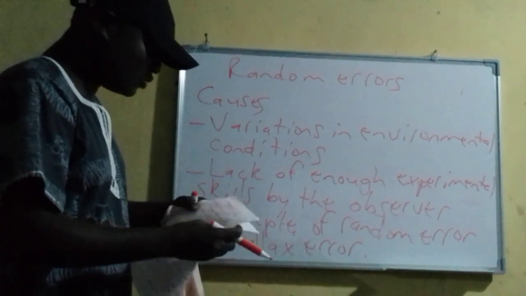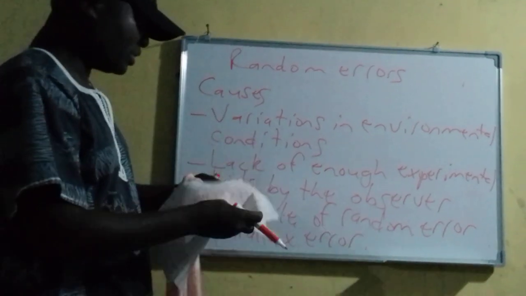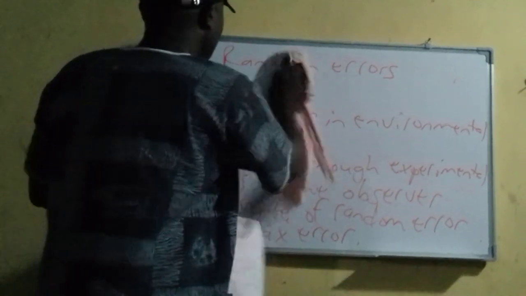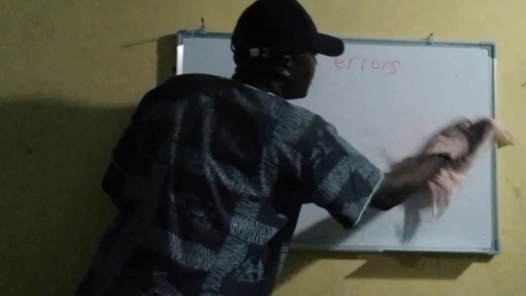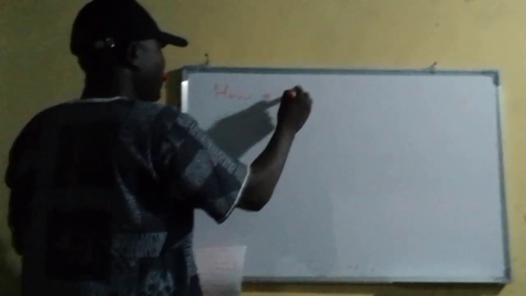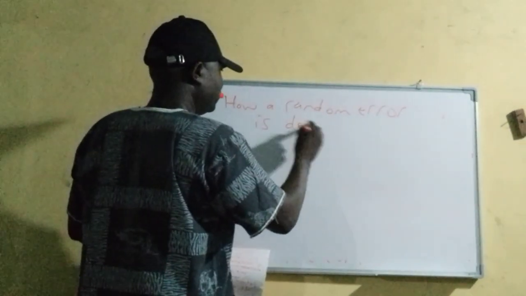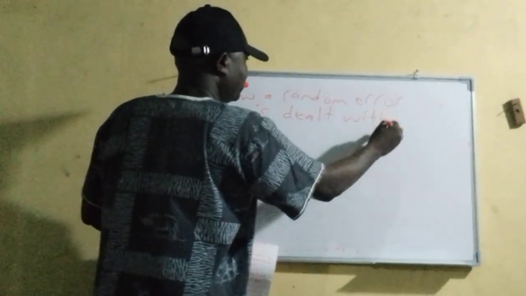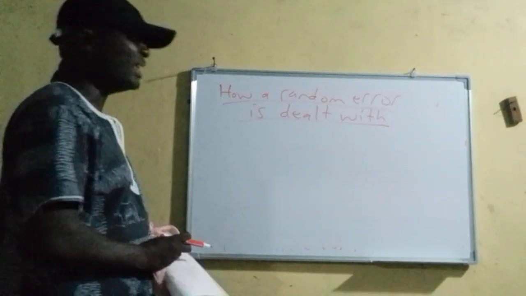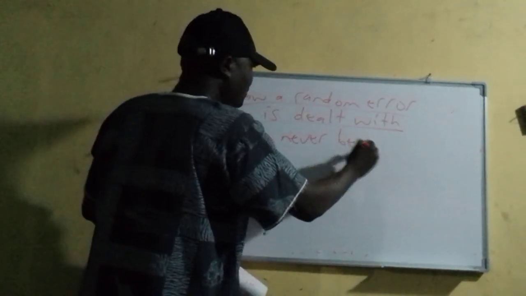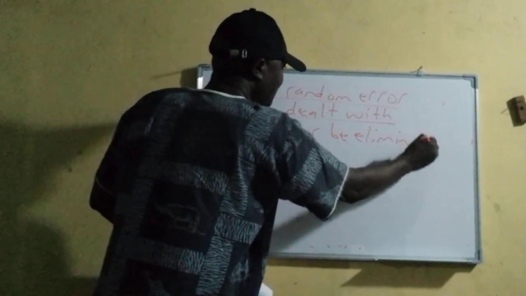How a random error is dealt with. It is very important for us to consider how a random error is dealt with. A random error cannot be eliminated, rather it is minimized. It can never be eliminated.